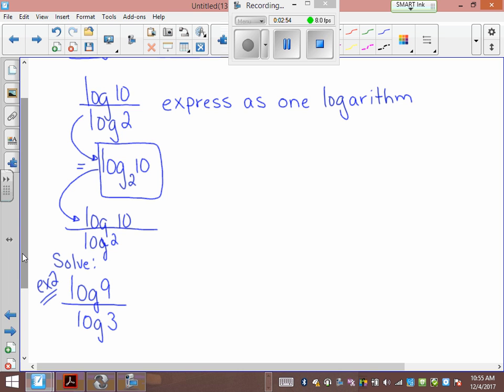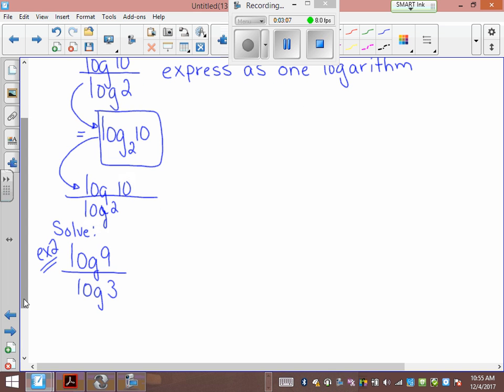So you can't go log 9 divided by log 3 because you don't have your calculator. We're just talking about theoretically right now. This is how it goes. So what could I turn that into based on what we just went over? Log base 3 of 9.